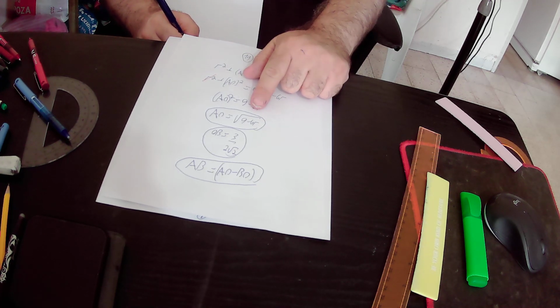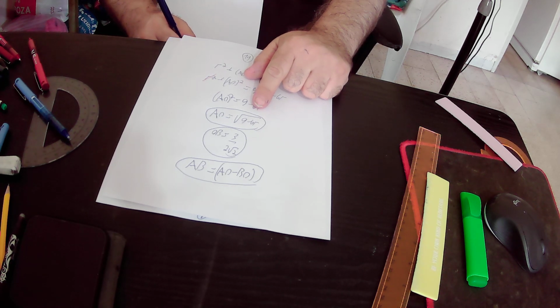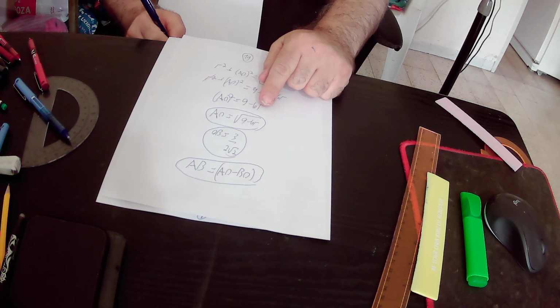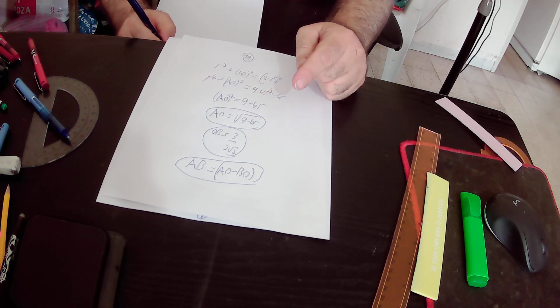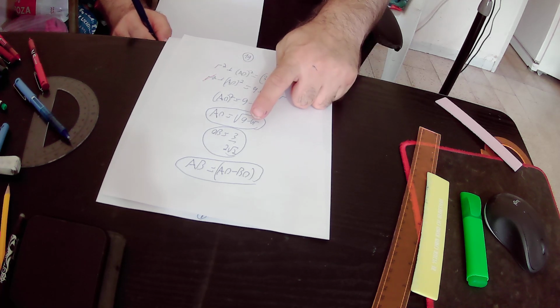What is the size of AO? AO equals the root of 9 minus 6R, minus BO. BO equals 3 over 2 times root 2.